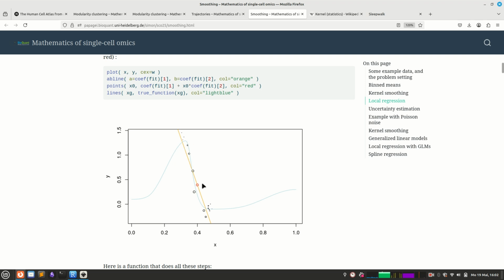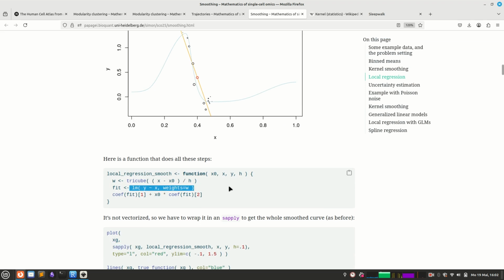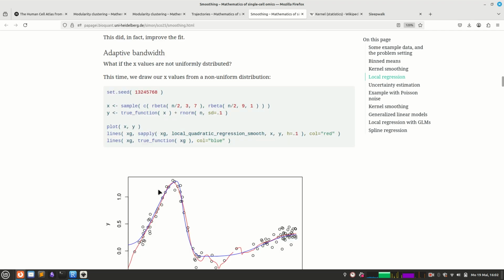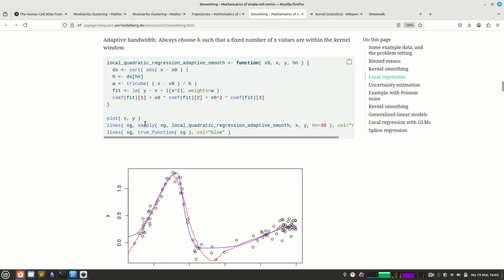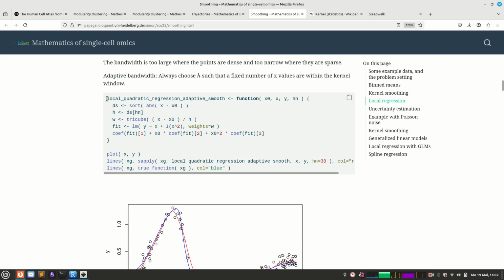So what I now do is I quickly change this function here and tell it, instead of fitting a line, fit a parabola. And this is very easy to do in R because I simply say here, regress y on x and x squared. This is the same function as we had before, except that I now say y should be regressed on x and on x squared.